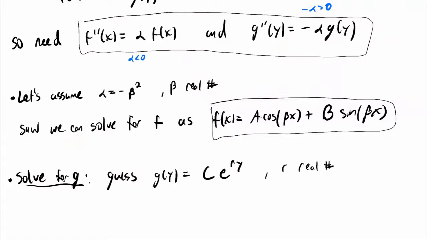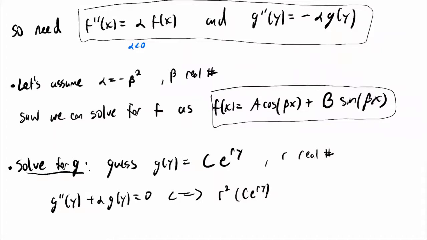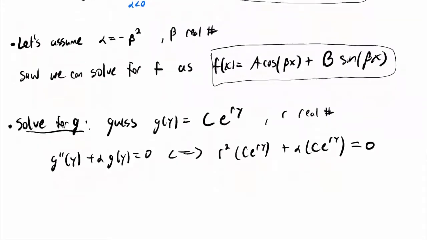Okay, well, let's plug this guess into our equation. Our equation says g prime prime of y plus alpha times g of y is equal to 0. If I plug in this definition for g, I end up with r squared times c e to the ry, this is g prime prime, plus alpha times c e to the ry, that's alpha times g, is equal to 0.